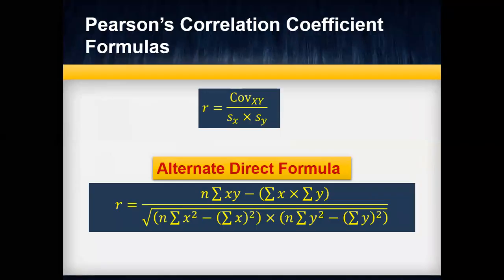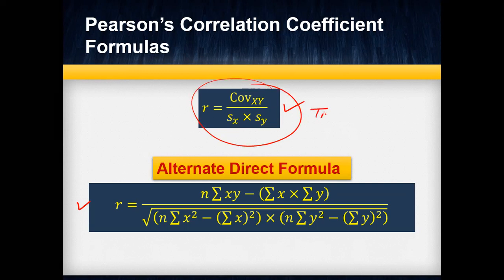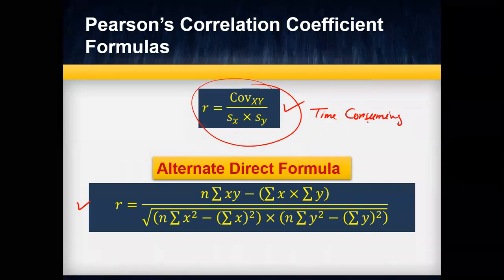Now look, there is an alternate formula as well. Either you can use this formula for the Pearson correlation coefficient, or this expanded form of the same thing. Actually, this formula is time consuming. Why?